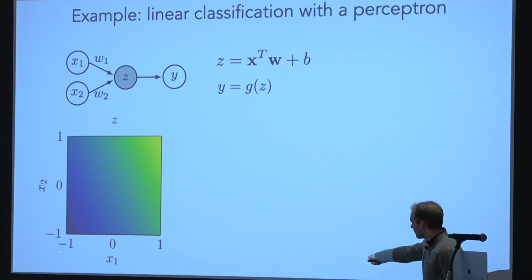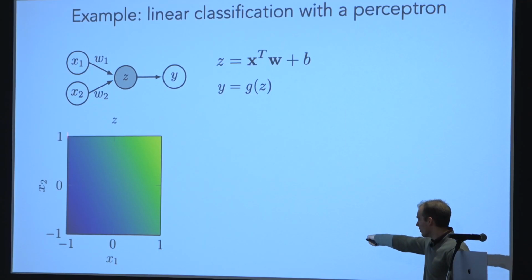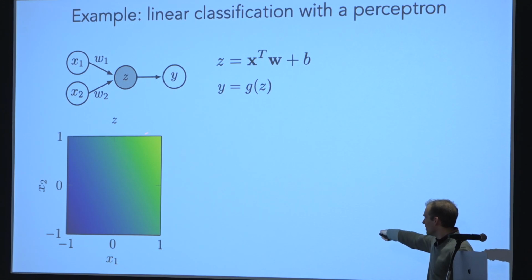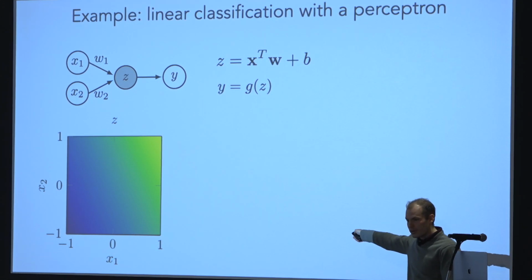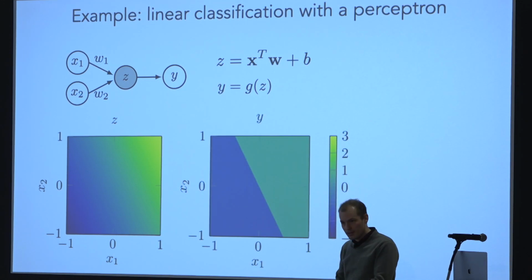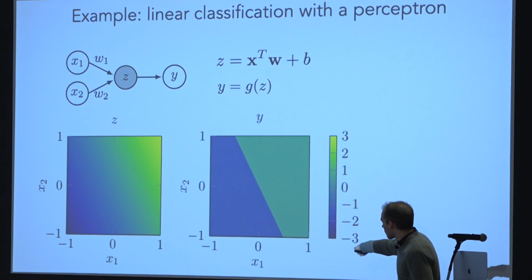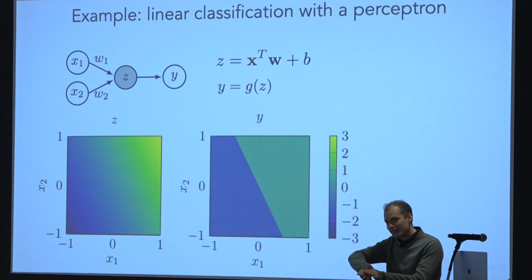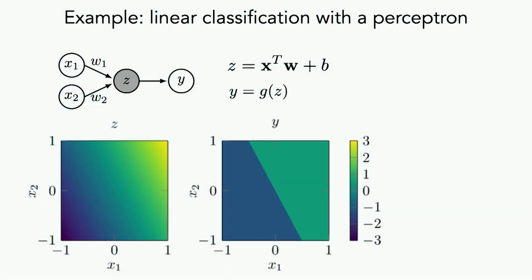Okay, so let's look at z as a function of the 2 inputs. So here's the values of x1 and the values of x2, the 2 inputs. And here's what z looks like if z is a linear function with a particular set of values for w1 and w2. So it looks like a ramp. Why? Because a linear function in high dimensions is like a hyperplane. It's some kind of flat surface. Think of this as like a ramp, right? A flat surface.